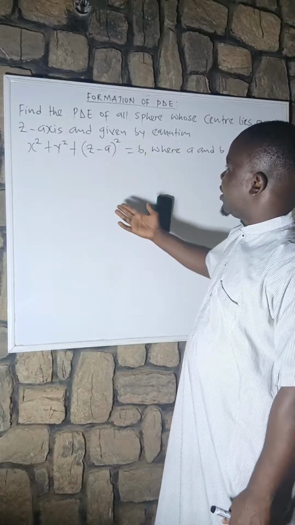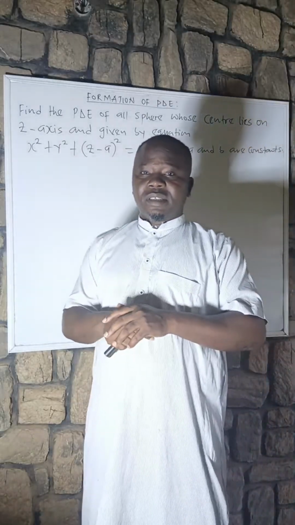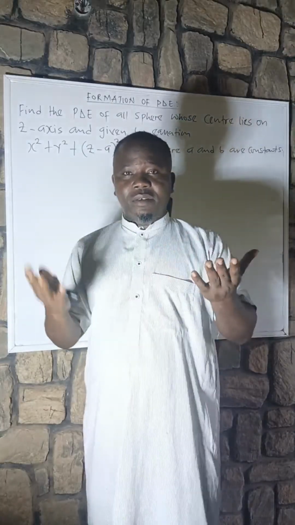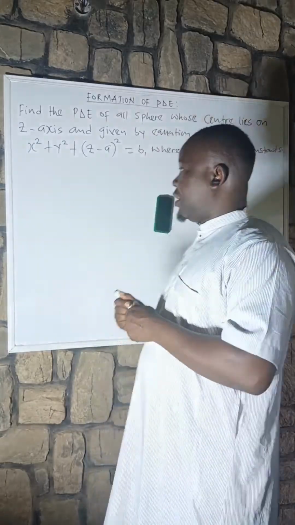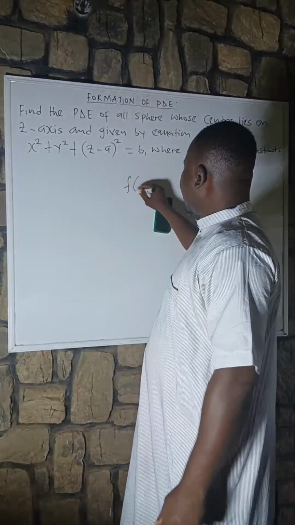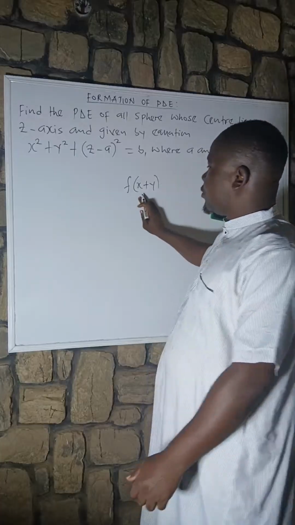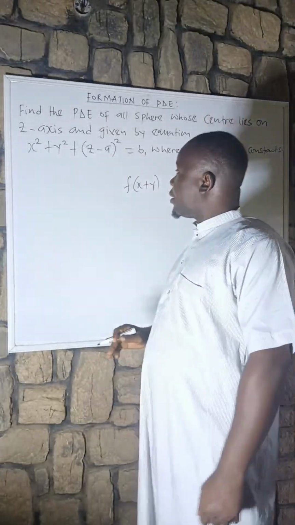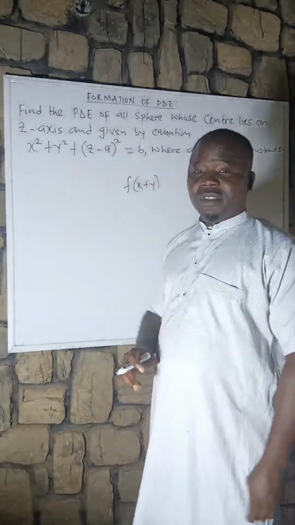We are talking about this a and b, the arbitrary constants. Is that clear? We have arbitrary constants and arbitrary functions. You know what a function is all about. When we have something of this form, this is a function, a statement. Then we refer to this as an arbitrary constant. Is that clear?